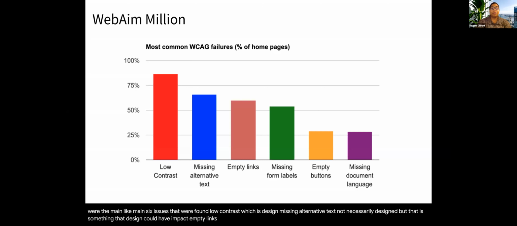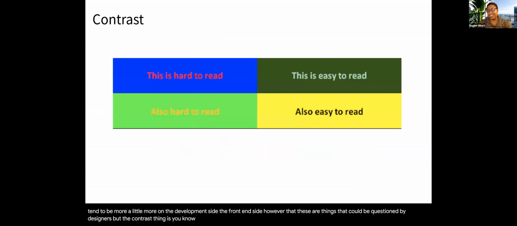Empty links, missing form labels, empty buttons, and missing document language. Now, the last 5 tend to be a little more on the development side, the front end side. However, these are things that could be questioned by designers, but the contrast thing is the main issue, right? When you look at this, which one is easy to read and which one is hard to read?